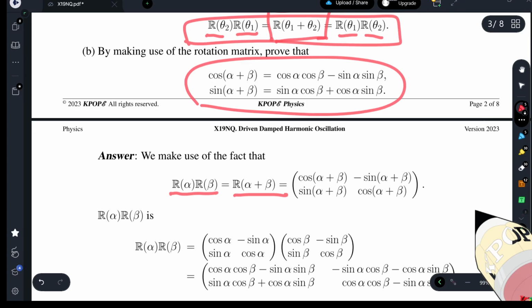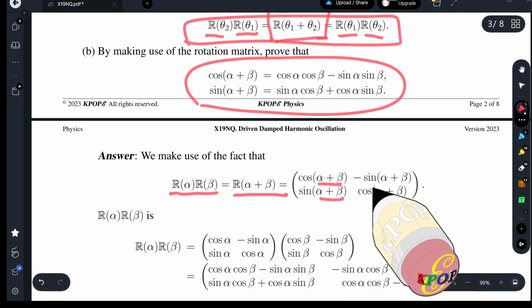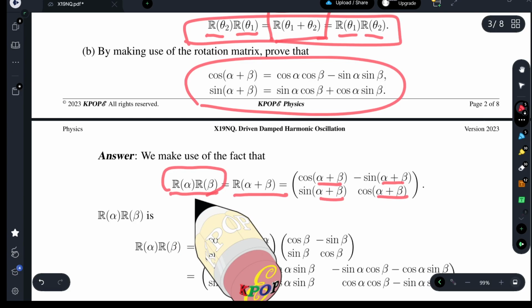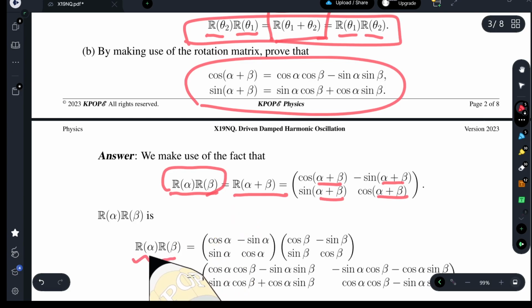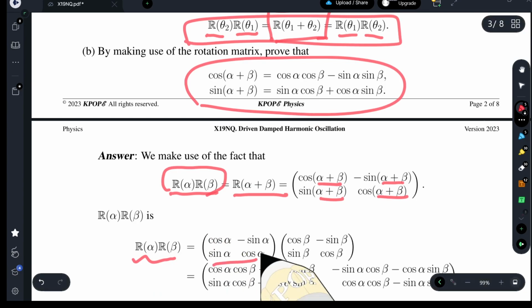The result is a cosine sine minus sine cosine with the arguments all with alpha plus beta. Let us try to compute this as a product of the two matrices. Rotation matrices are R alpha and R beta.